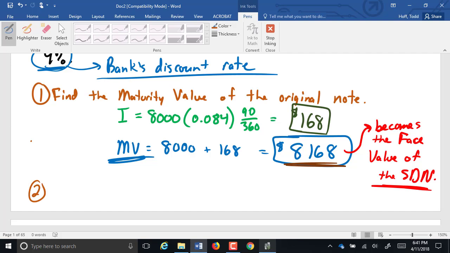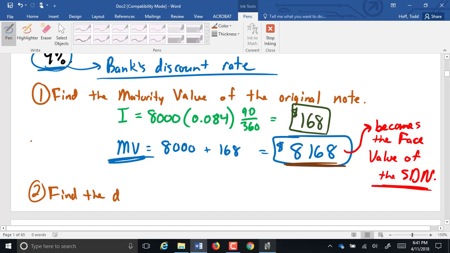Step two. Step two is where people typically make their mistake. Step two is find the discount period. Let's define the discount period.